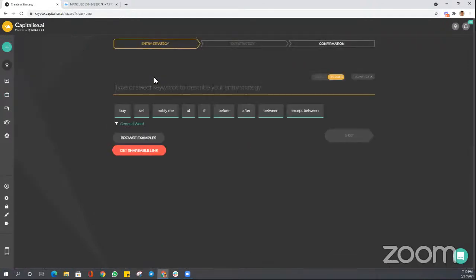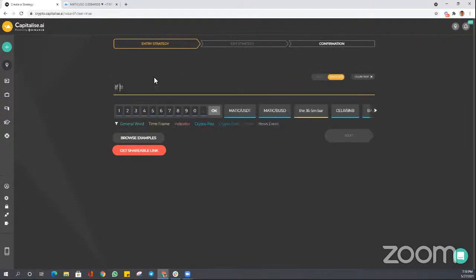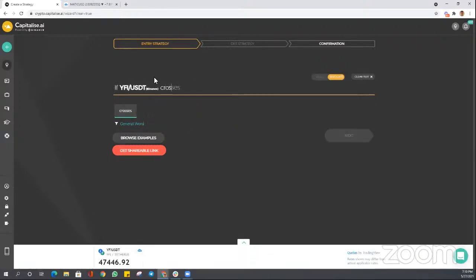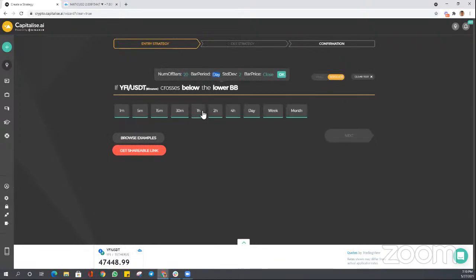So let's create our first strategy, and let's just go with an indicator. So let's say if YFI, what we were on, crosses below the lower, we'll use a Bollinger Band here, and we can go 1 hour.